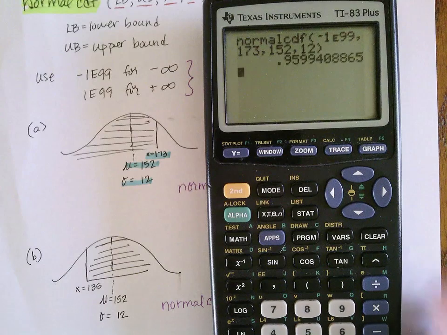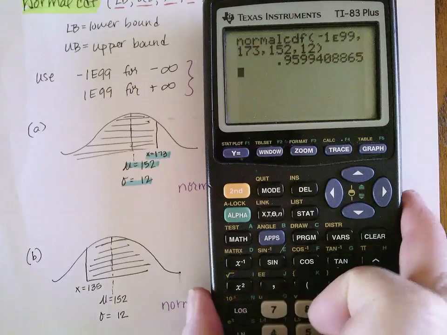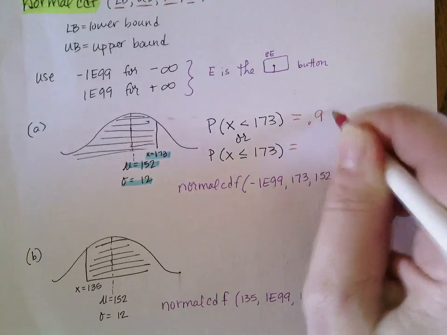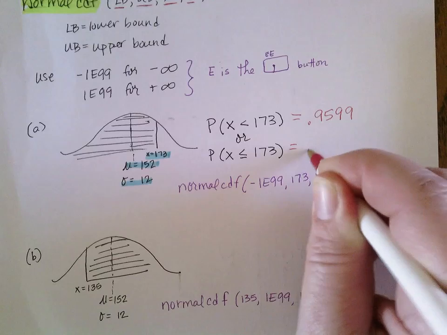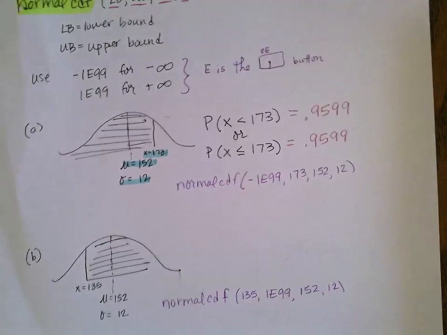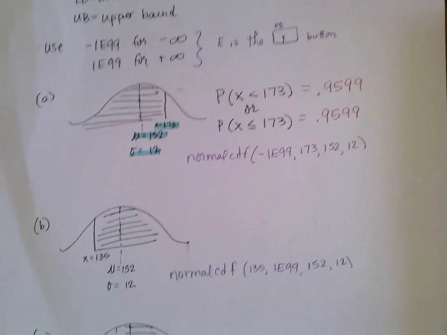And I get a probability of 0.9599. And that would be the same for both of these. Again, continuous data. It doesn't matter if I use the equal sign or just the inequality symbol.